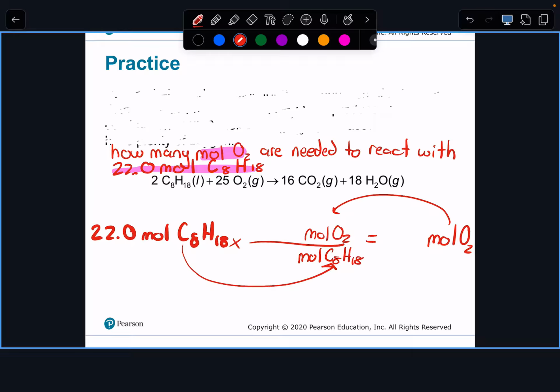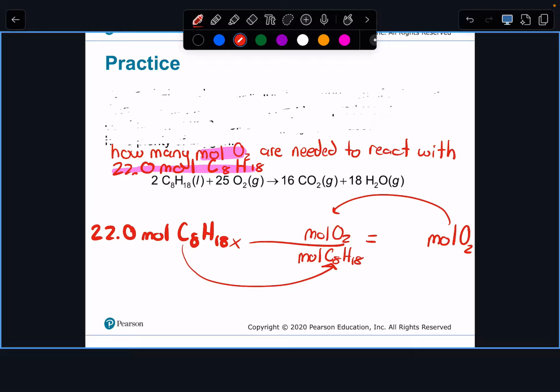In a second, I'm going to reiterate those potential conversion factors that we've assembled up to this point. But this is the new one that we're adding in. Moles of one thing to moles of another. And the numbers come from the balanced equation. So moles O2, I just pick up the coefficient there, 25. Moles C8H18, 2.